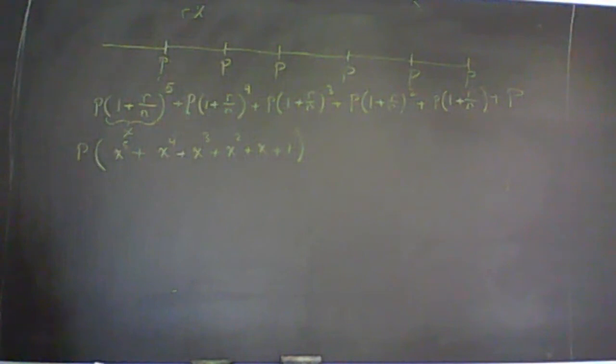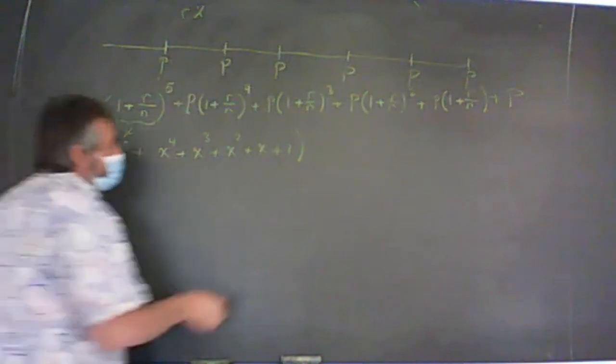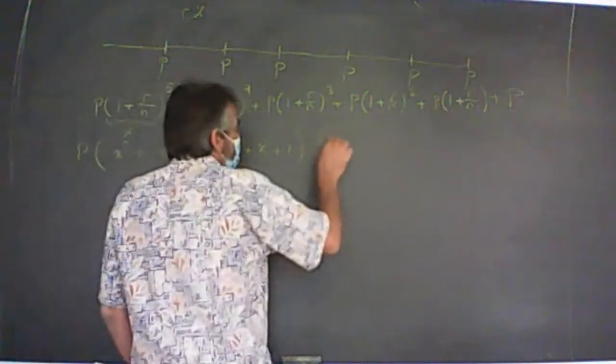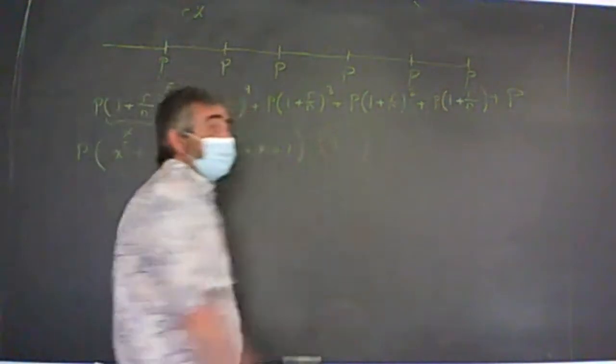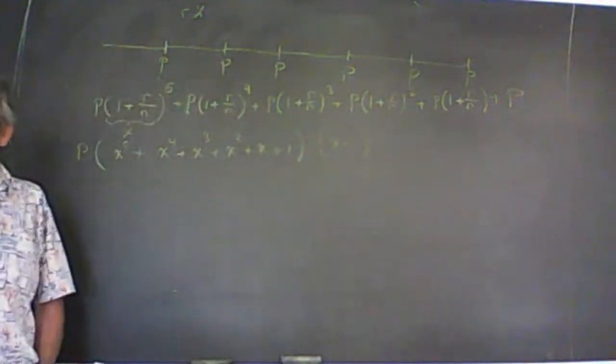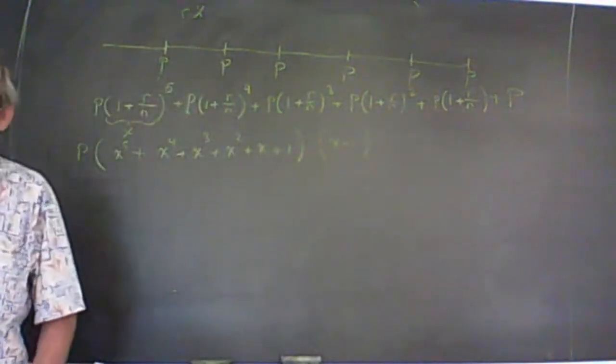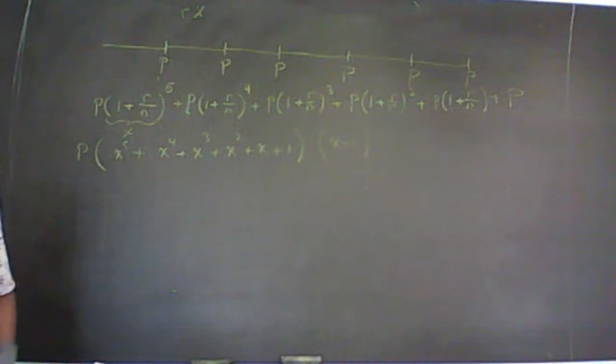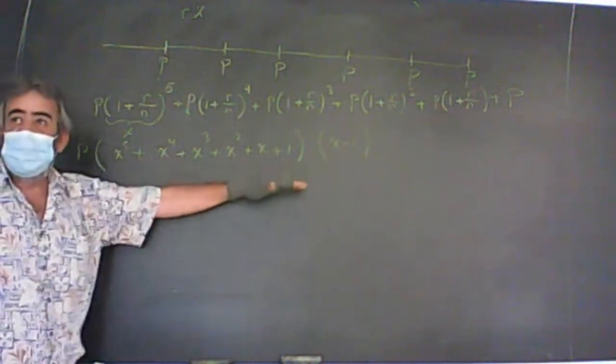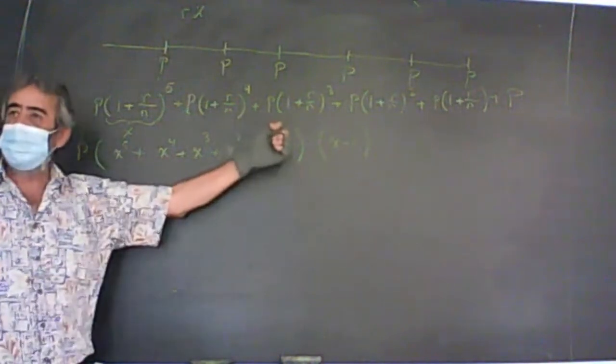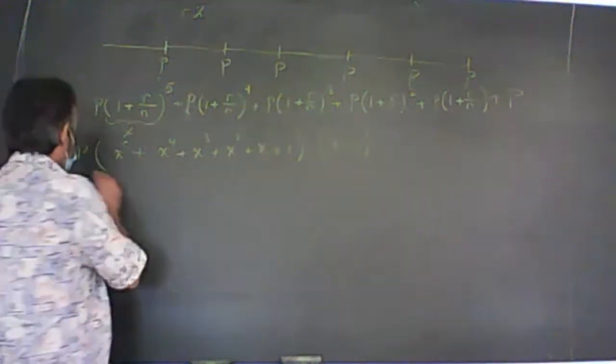Let's simplify this a little bit. What I'm going to do is multiply by X minus 1. Okay? But then to keep it the same without changing it, I also need to do what? Divide by X minus 1.